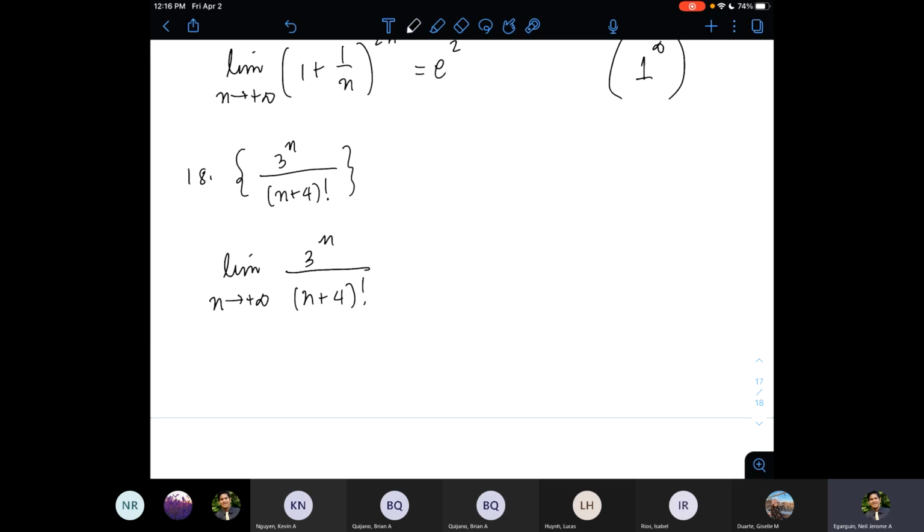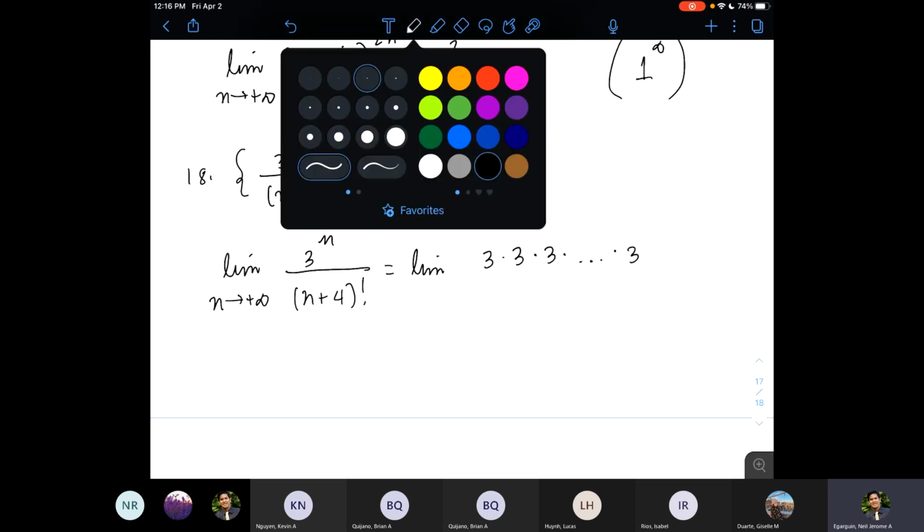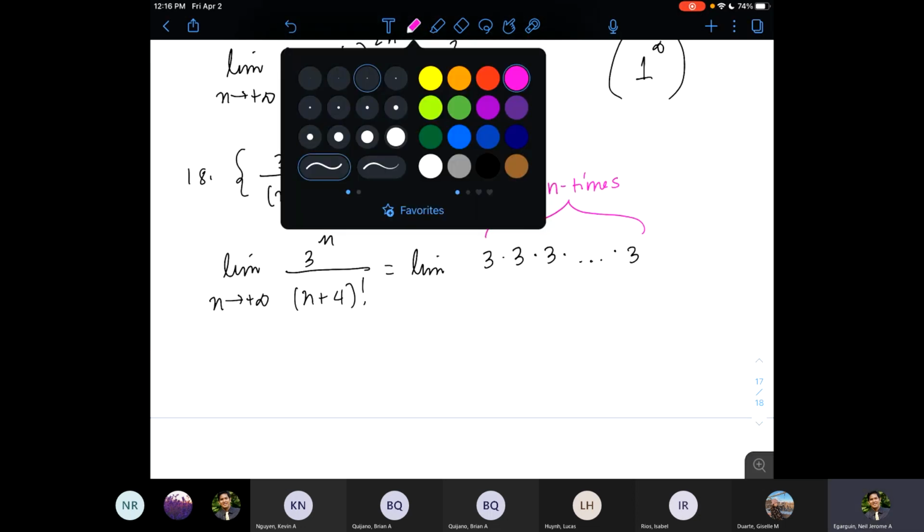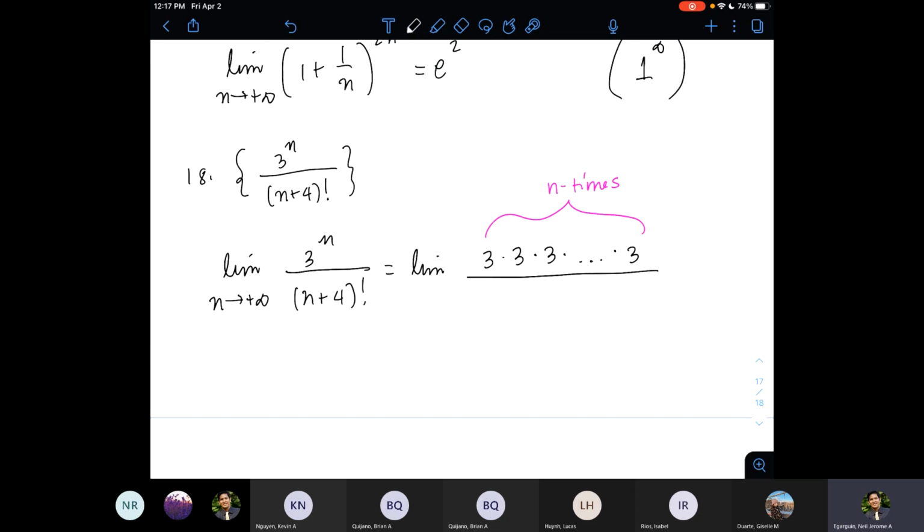But if you want to take the limit, well, let's expand the term here. The numerator will be 3 to the power n, so that means it's 3 multiplied to itself n times, while the denominator is n plus 4 factorial.